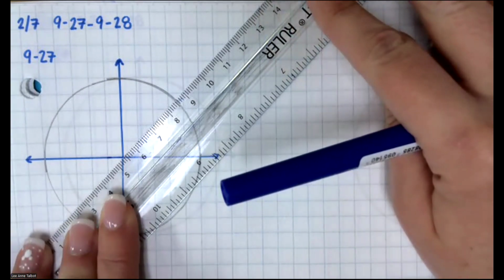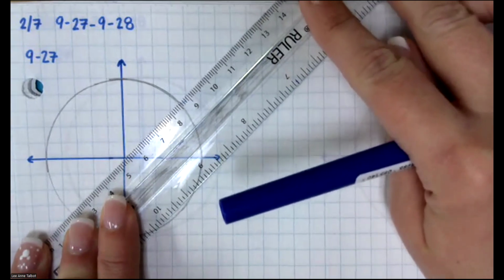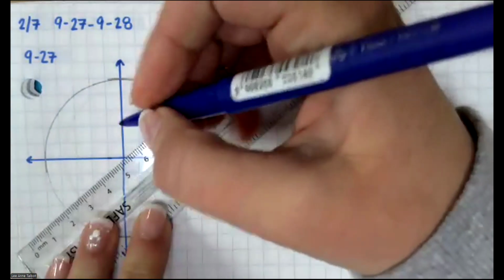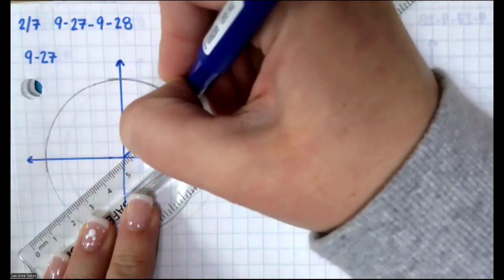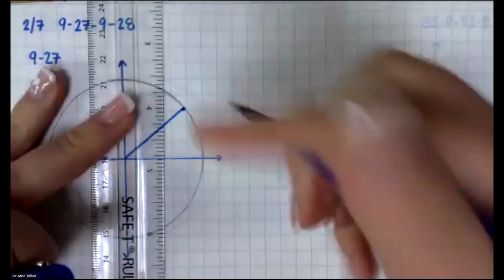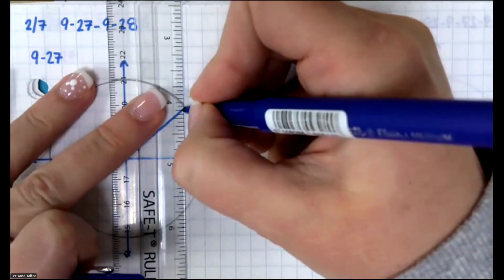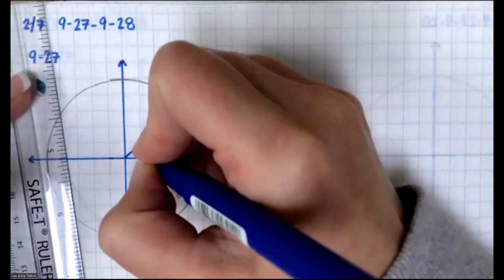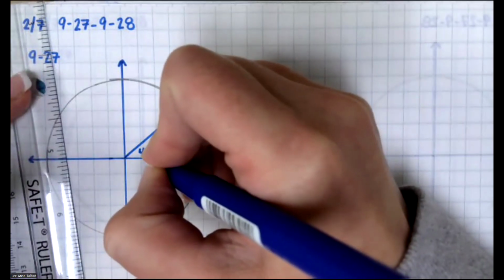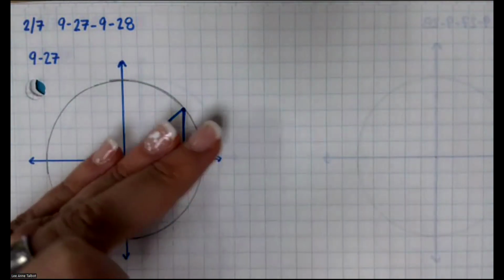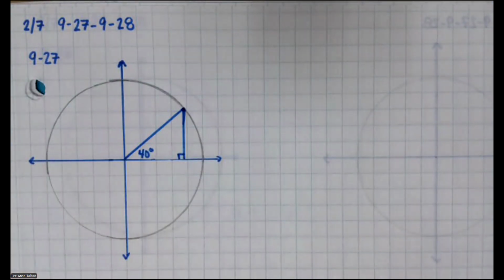Okay, so you're going to go 45 and then just back it off a little bit. We're not measuring with a protractor here. We just went to 45 and then scooched our angle down a little bit so it wasn't perfectly through the middle.